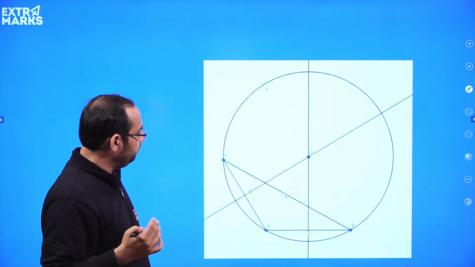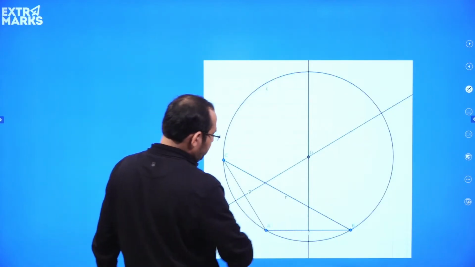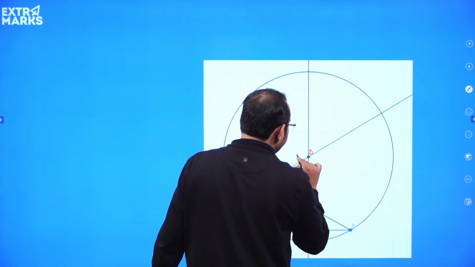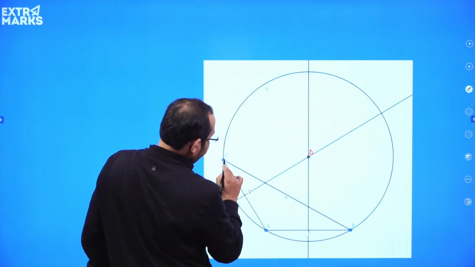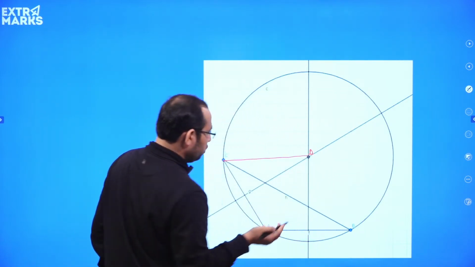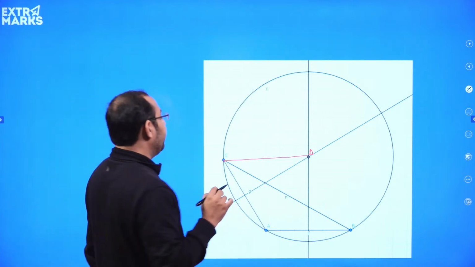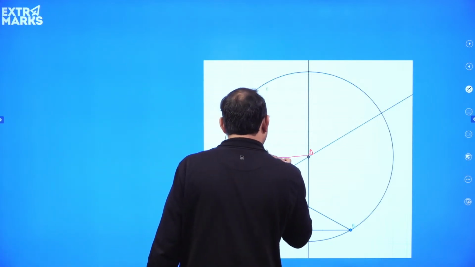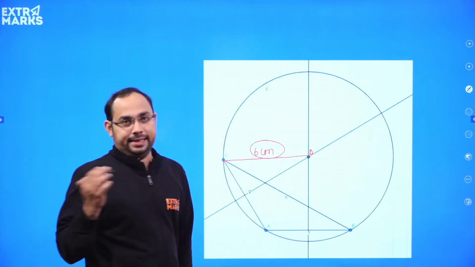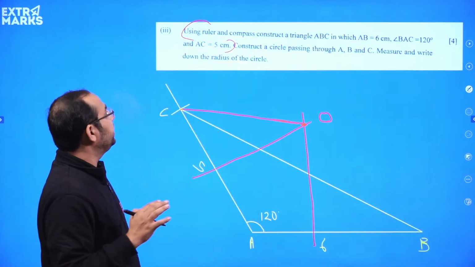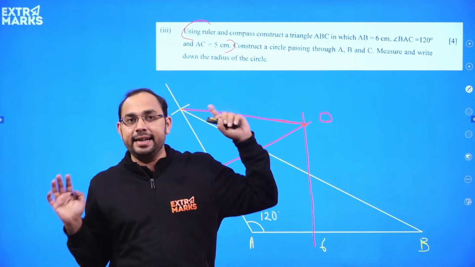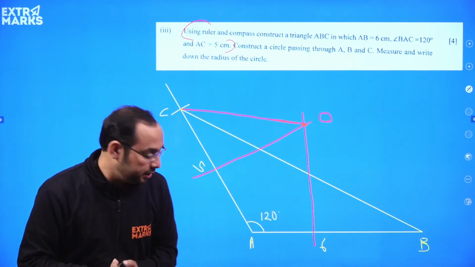Something like this will come. That's it. So ABC was there. I am calling it D. So from D, take any distance and solve it. And let me tell you, the radius is also asked. It will come approximately equal to 6 centimeters. Okay, approximately it is 6 centimeters.